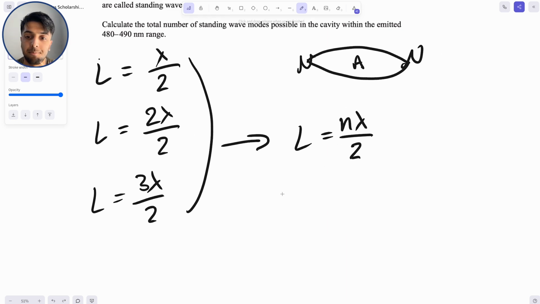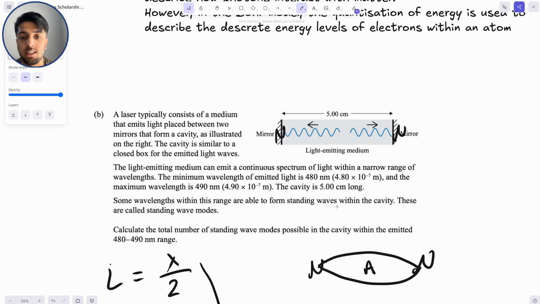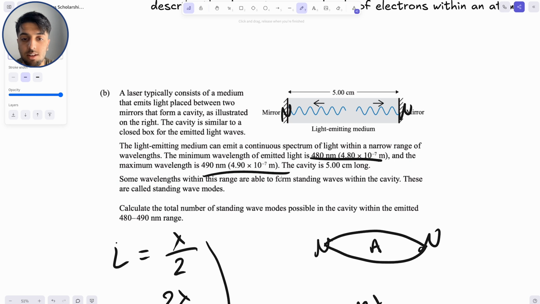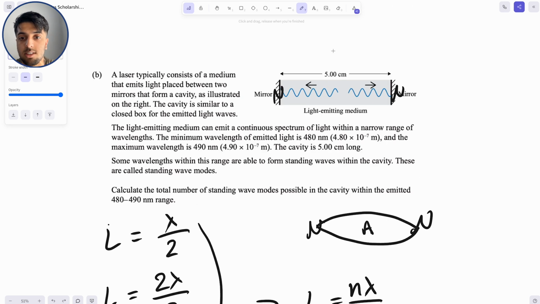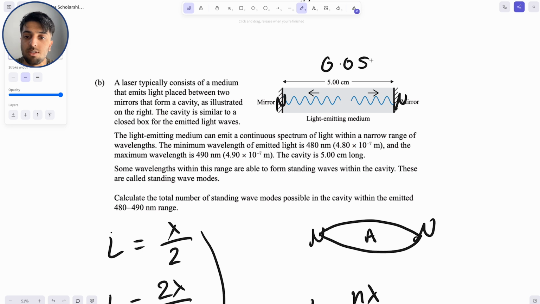Therefore, we get n equals 2L over lambda. And now we have our wavelengths, which are 480 and 490. And we have our length, which is 5 centimeters or 0.05 meters, that's what we'll be using.